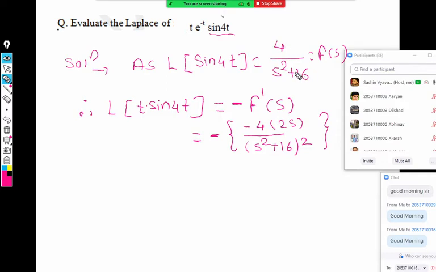Choice is yours. You can use any rule for differentiation, either the chain rule or the quotient rule. You get the same answer. So at the end, we got the Laplace of t sine 4t as 8s, minus minus becomes a plus, upon s square plus 16 bracket square. But still we are not getting the final answer, because we are interested in the Laplace of t into e raised to minus t into sine 4t.